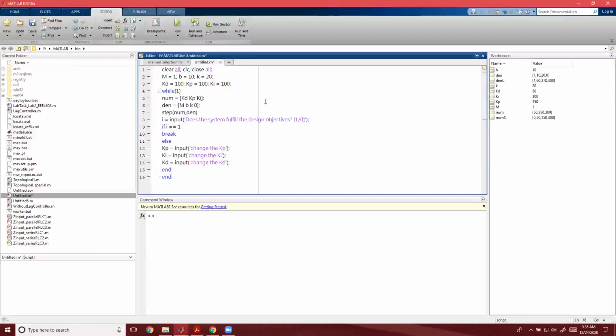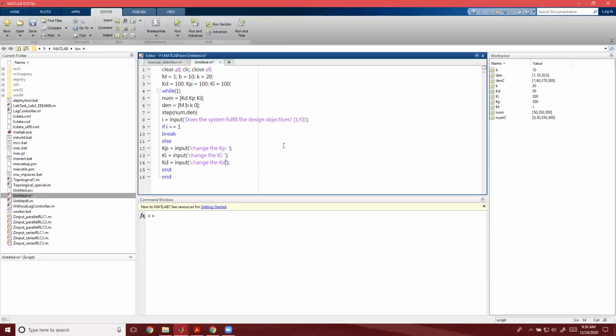There is one thing missing in this code. Can anyone tell me what it is? Any ideas? The closed loop transfer function. Yes, we haven't formed the closed loop transfer function.